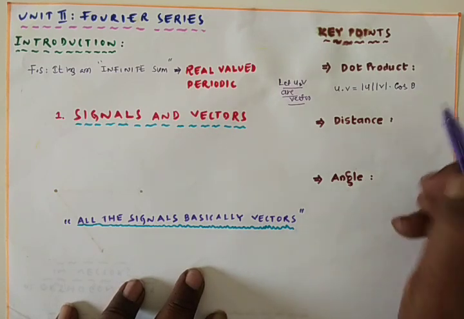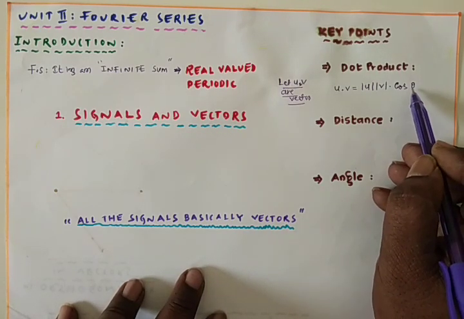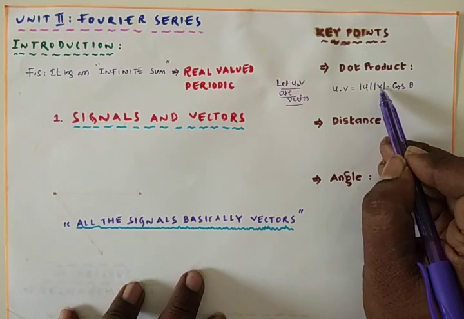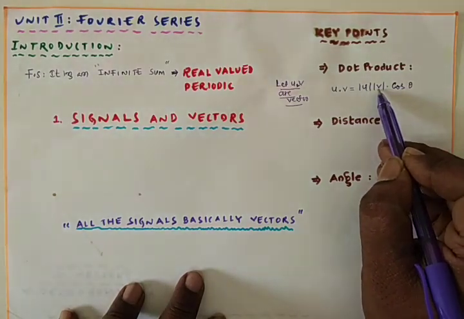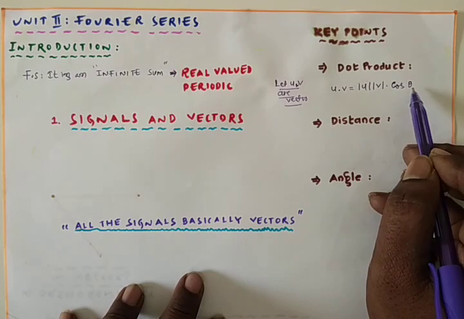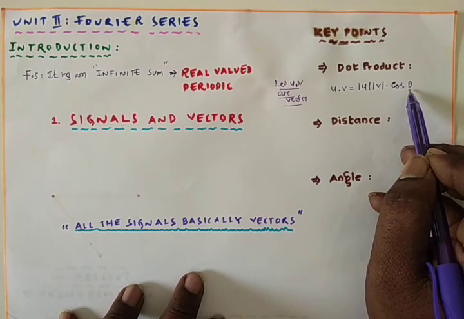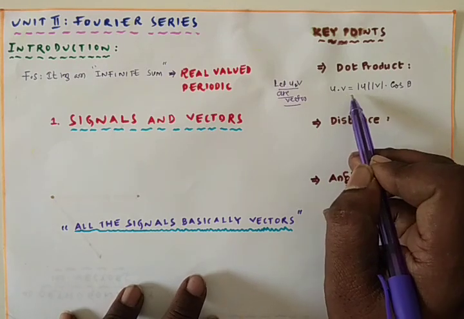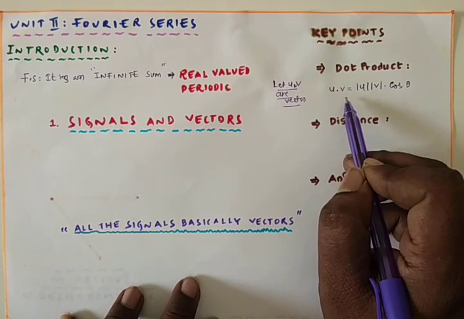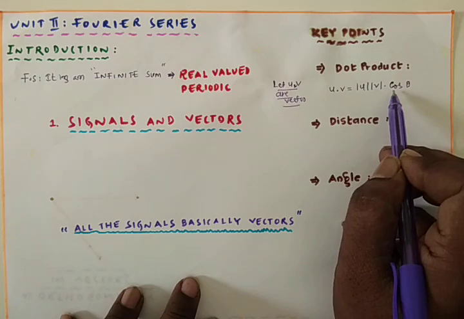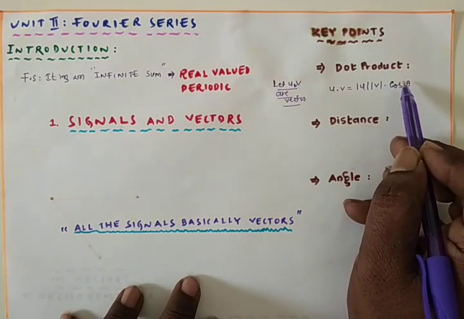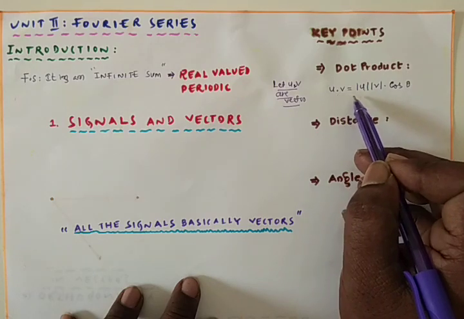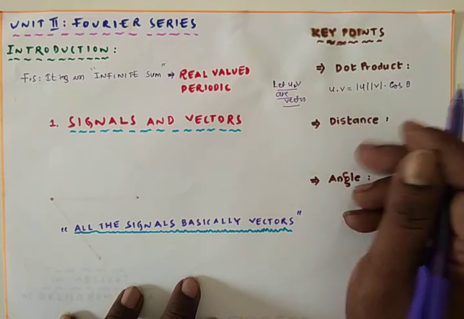So here, if both are orthogonal, that means if vector u and vector v are orthogonal to each other, the angle between them is 90 degrees. In such cases, u dot v is equal to the dot product, cos theta is cos 90 which is 0, so u dot v is equal to 0.